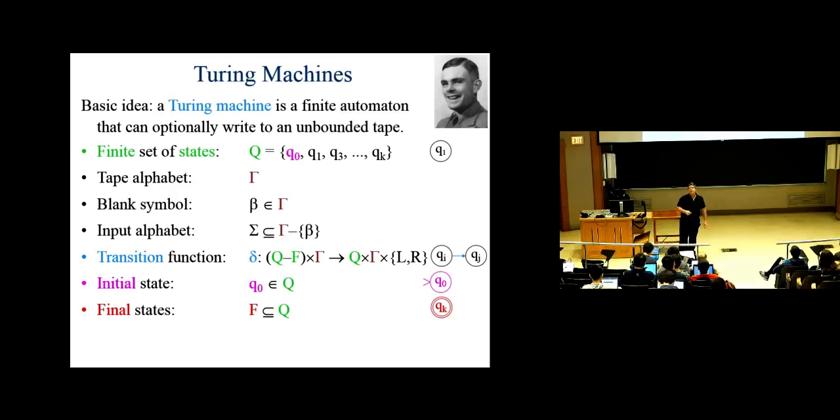You can define a Turing machine that halts on some other condition. Like maybe it empties out the whole tape, who knows? But we just define it as being in a final state. And that's why for the transition function, once it's in a final state, Q minus F here, it isn't going anywhere, so you don't have to define it for that eventuality.